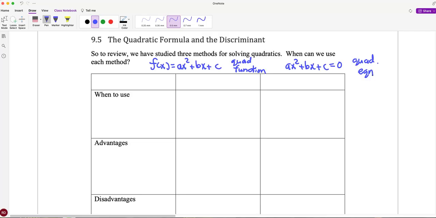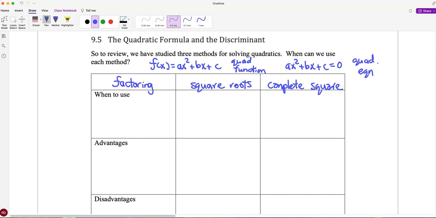So the methods we've used for solving these, three methods: factoring, square roots of both sides, and the latest was complete the square. So when can I use factoring?